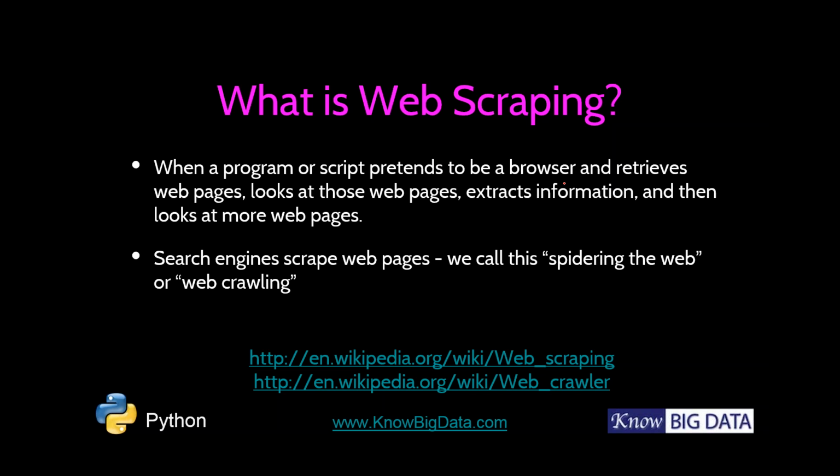There is a difference between web scraping and web crawling, right? Crawling is just, as the name suggests, what Facebook does when it makes friend suggestions for you, which are friends of your friends.